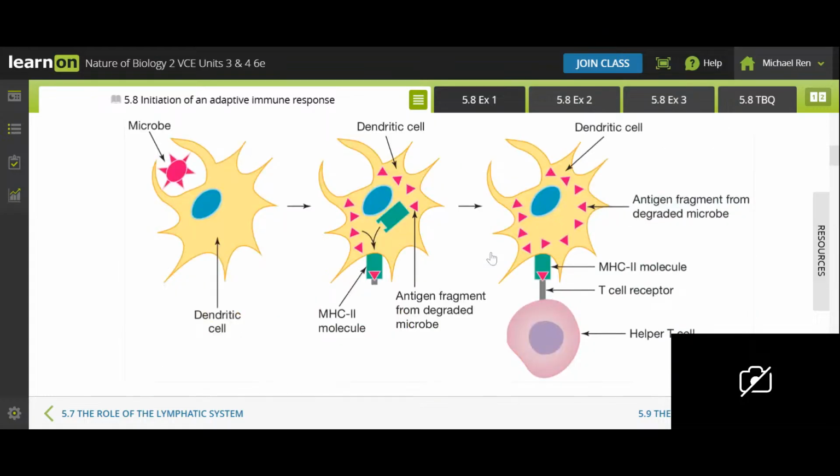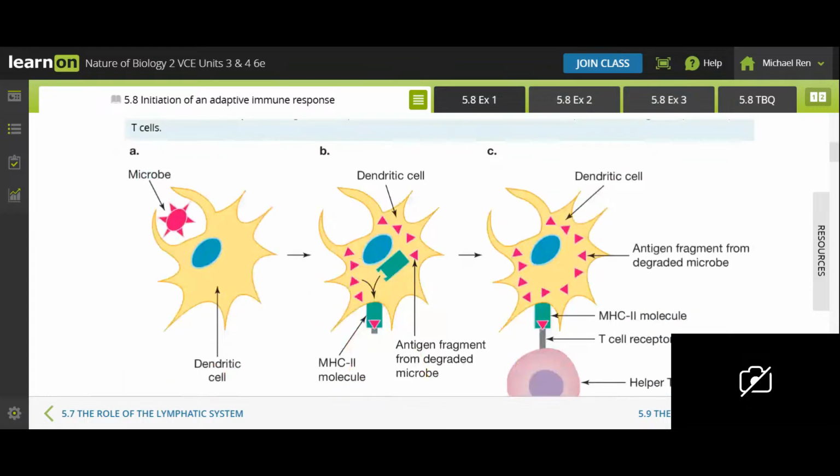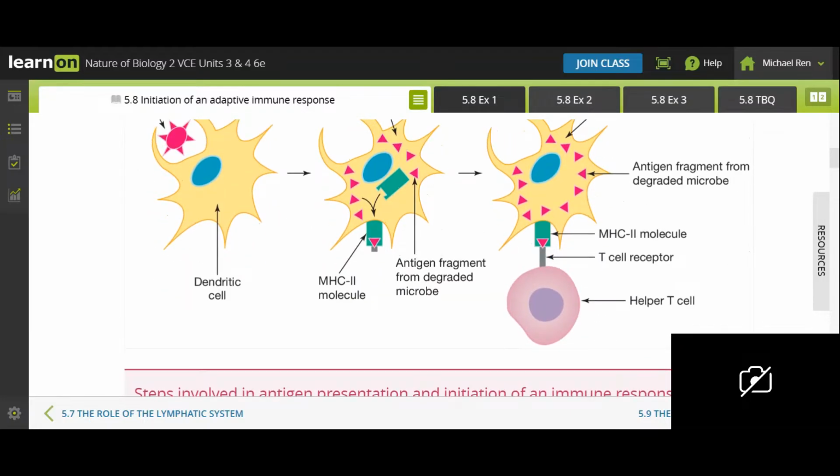It all begins with a dendritic cell or macrophage engulfing a pathogen and digesting it via phagocytosis. Since it's an APC, it presents the leftover protein fragments on its MHC-II molecules as antigens.